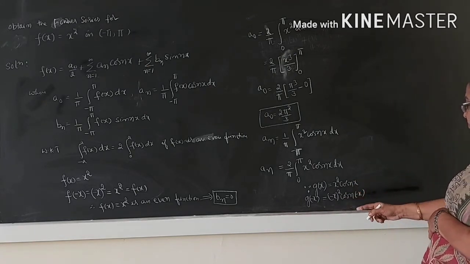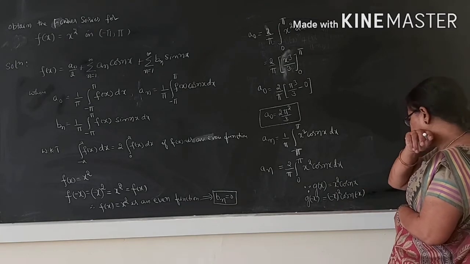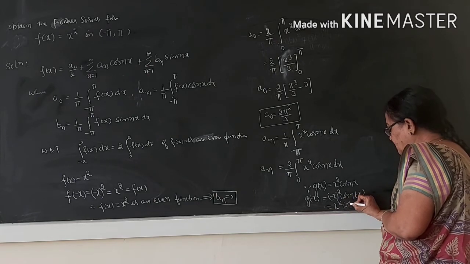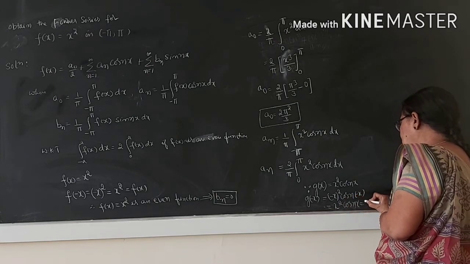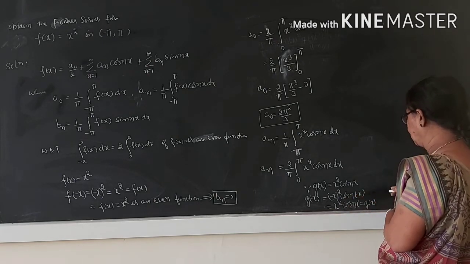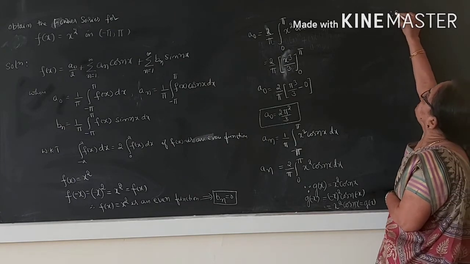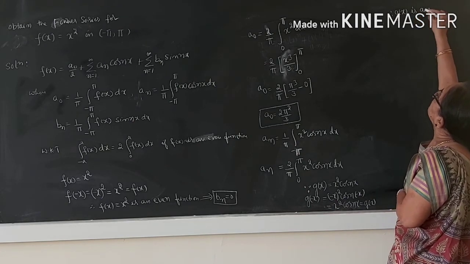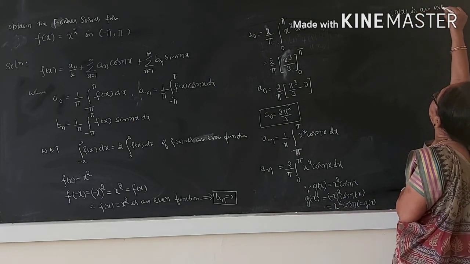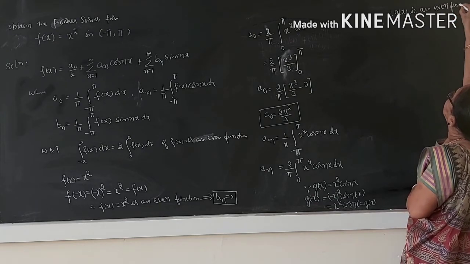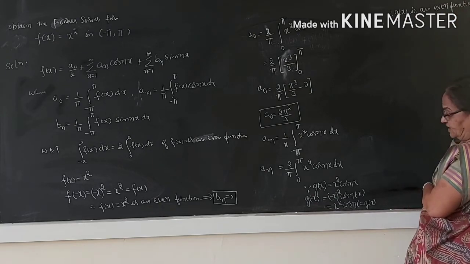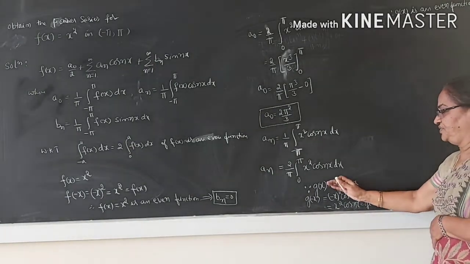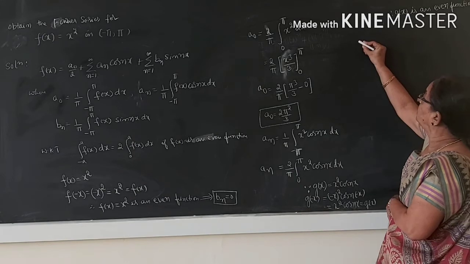I know that cos of minus n theta is cos n theta only. Therefore, I write this as x square cos nx, which is equal to g of x. Therefore, g of x is an even function. I call this x square into cos nx as g of x in order to verify whether it is an even function or not.